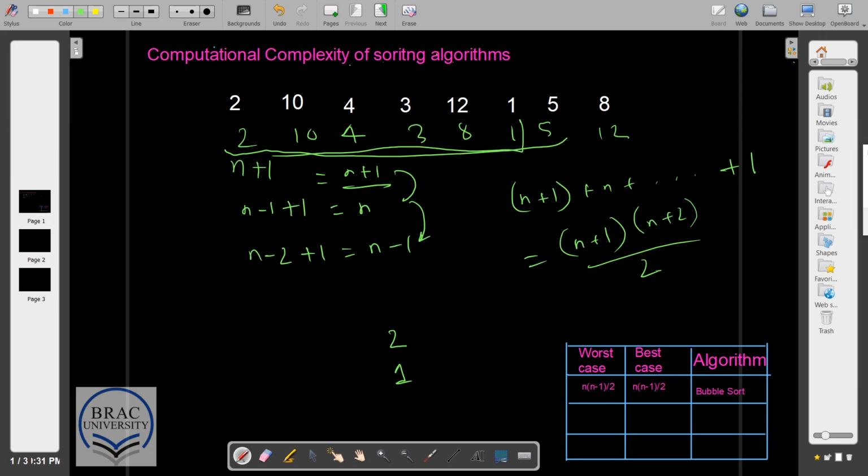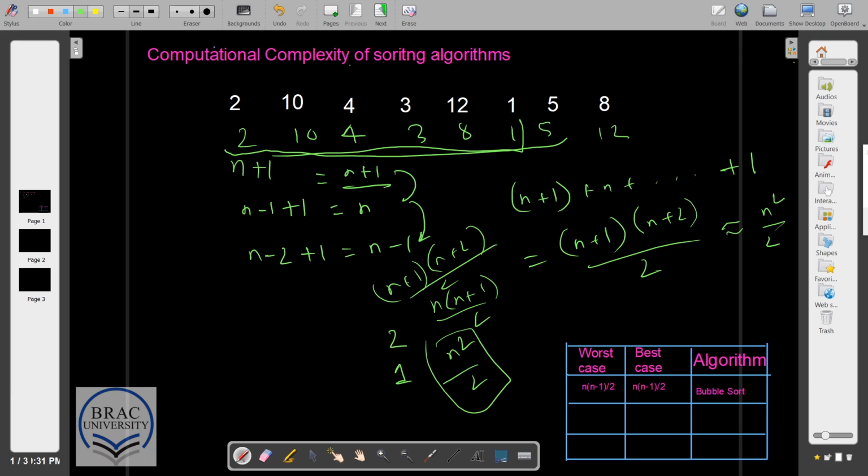This is roughly called n square or n square by 2. So the best case and worst case for selection sort are the same, which is n into n plus 1 by 2, or n plus 1 into n plus 2 by 2, or n square by 2, it doesn't matter.